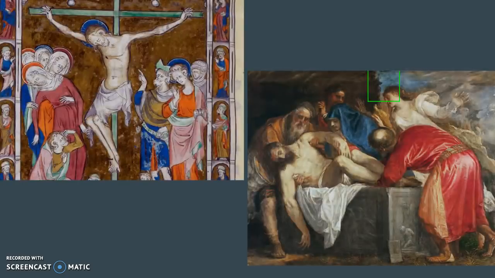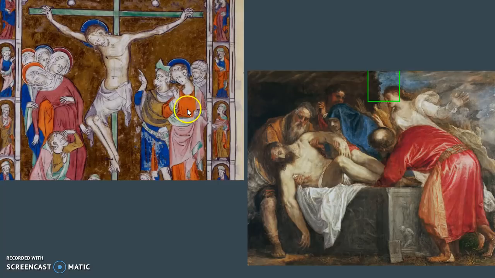There's going to be several IDs in this one. So I just want to start by looking at one thing. You don't have to write anything down here, but I want you to take a look at two things. One is this painting on the left. This is an example of medieval art, and you can see it's very flat.